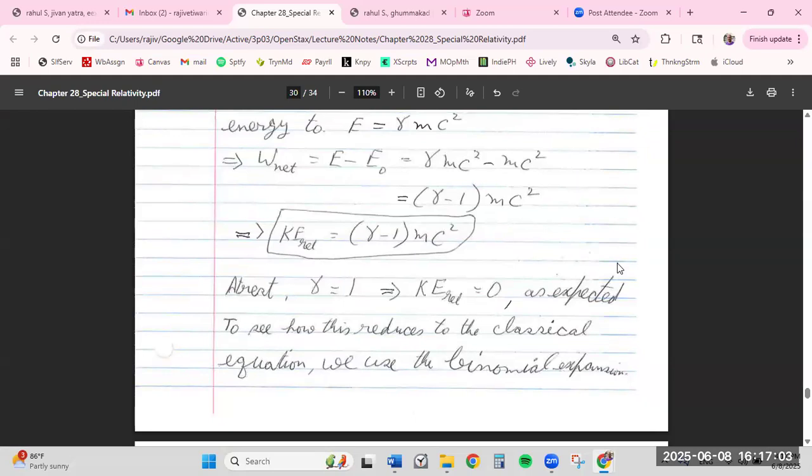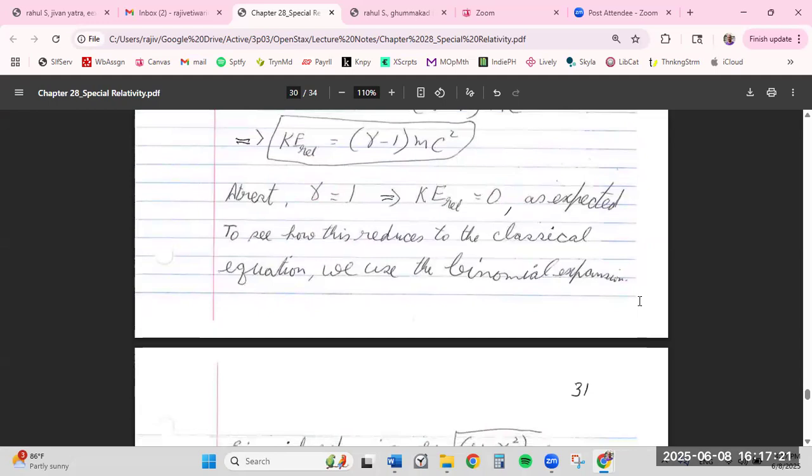If the object is at rest, then gamma is 1, because v would be 0. And if gamma is 1, this equation basically gives us that the kinetic energy is 0, which is what you would expect. For an object at rest, we expect the kinetic energy to be 0.